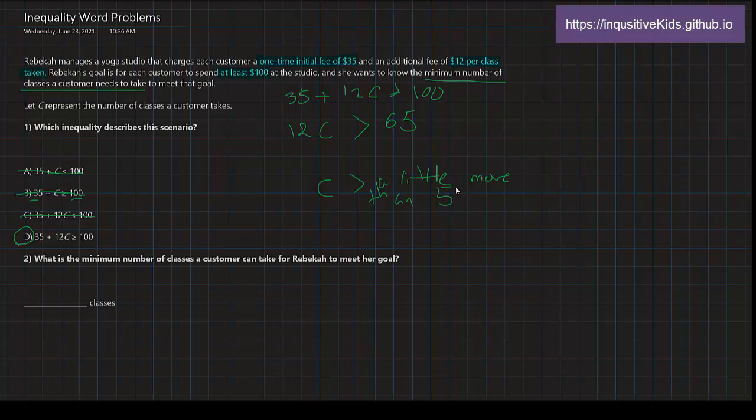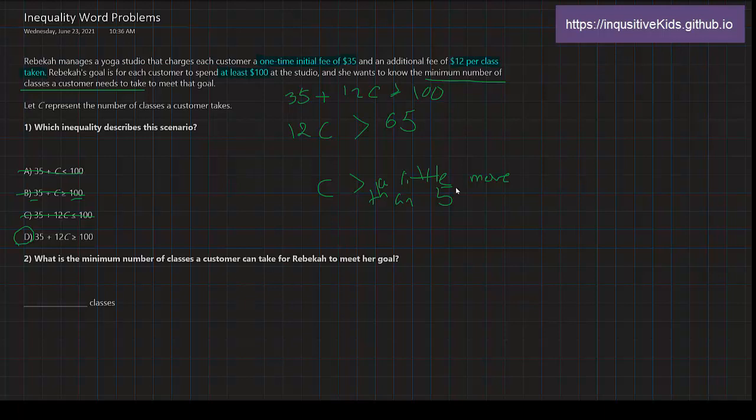So 5 would be too little. We need a little more than 5. So the only thing that can cover everything is moving on to 6. So we're going to take 6, and that's the minimum number of classes a customer can take for Rebekah to meet her goal.